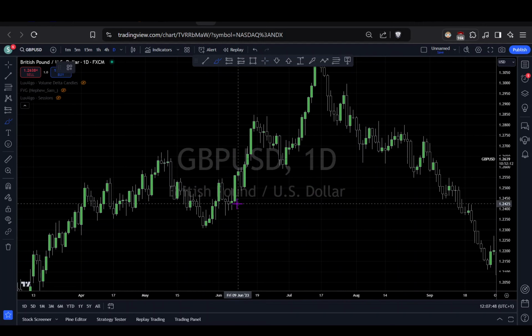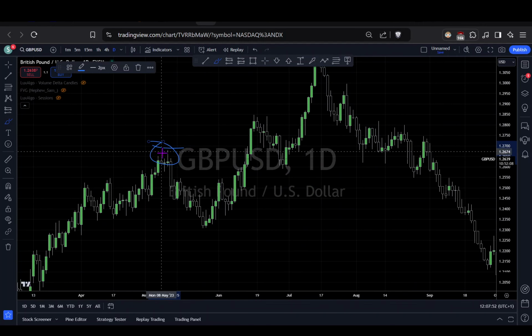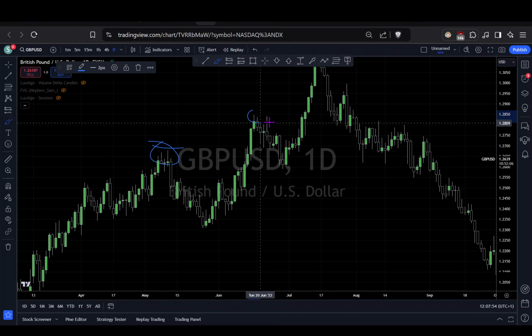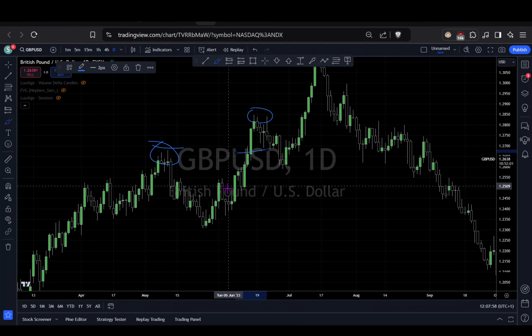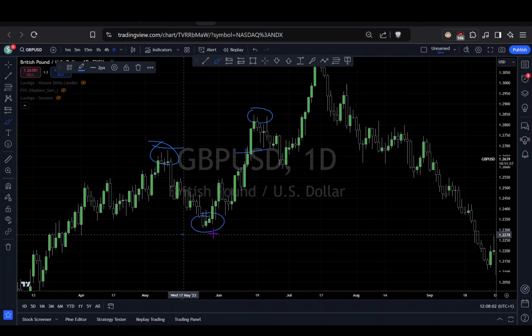We went up high, we came to this level, we came down, we came to this even higher level, meaning we broke something here. We had the power from here to go here, meaning this was strong, this is probably the stop.